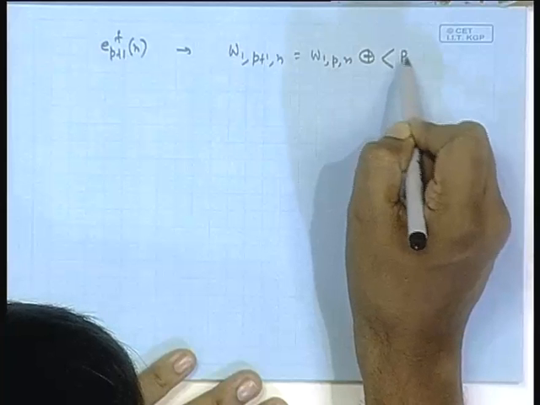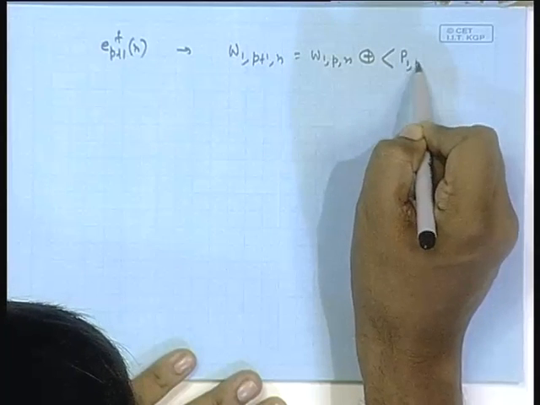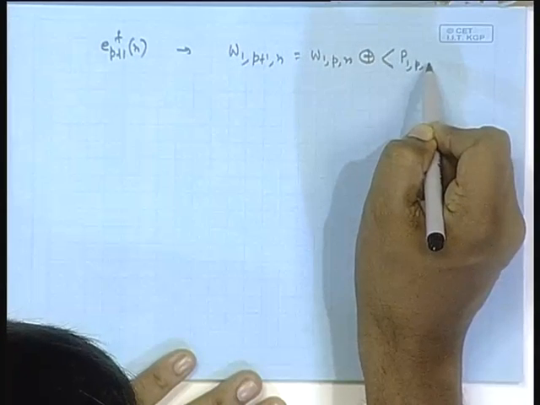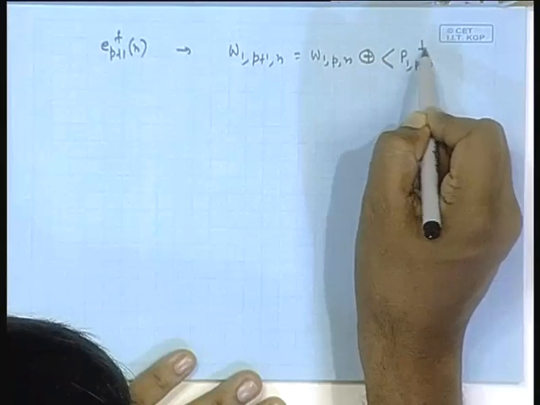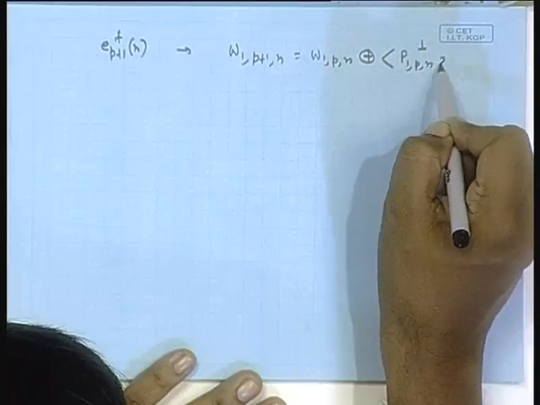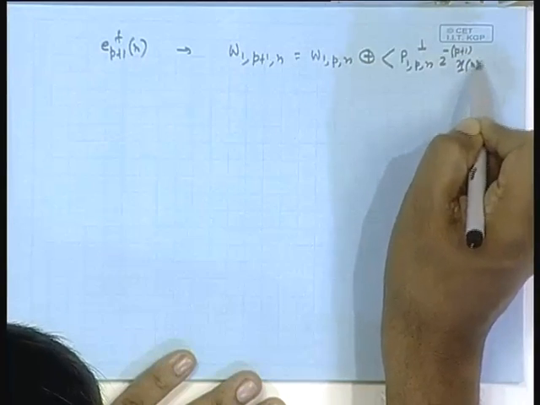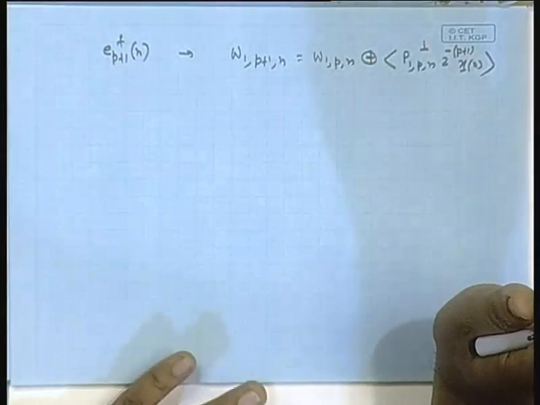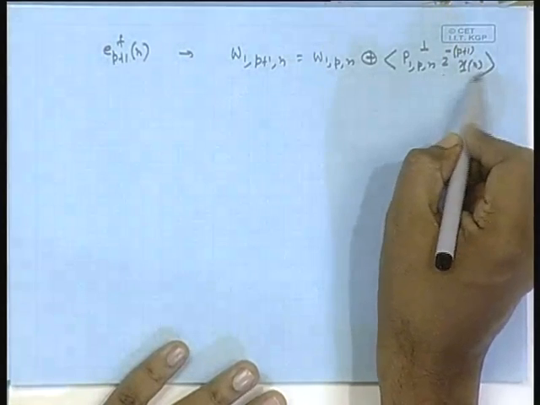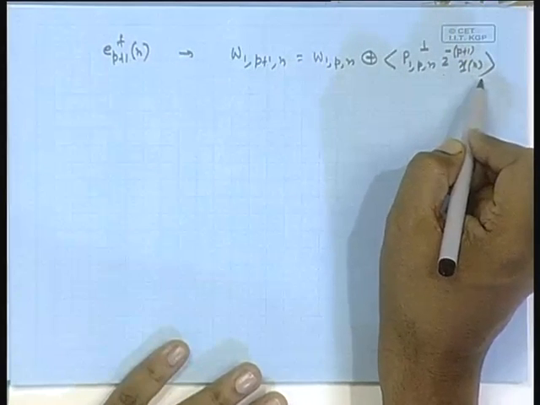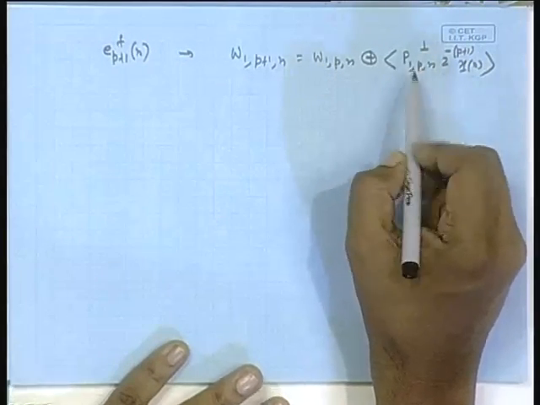So, that is, to start with, let us write like that. Okay. Last guy, Z to the power minus p plus 1 x n, that I am projecting orthogonally on the space spanned by what?